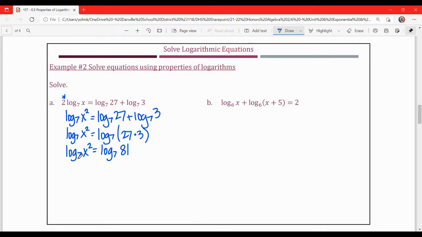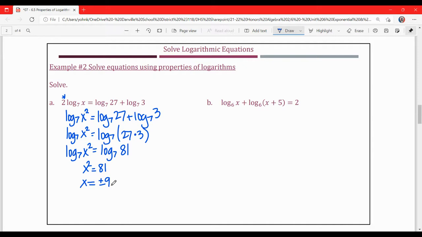Now, since I have log base 7 of x squared equals log base 7 of 81, I can set the x squared equal to the 81. Then I can square root both sides and I get plus or minus 9.